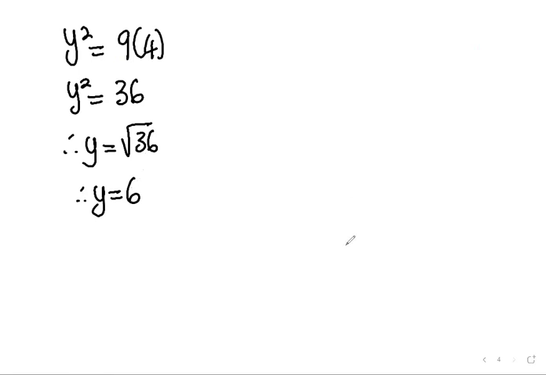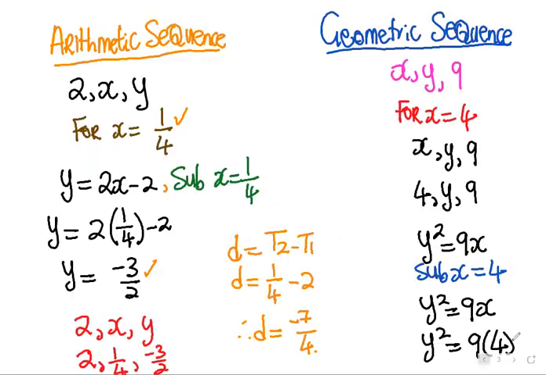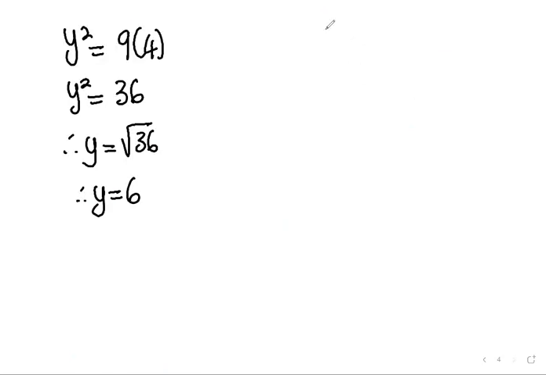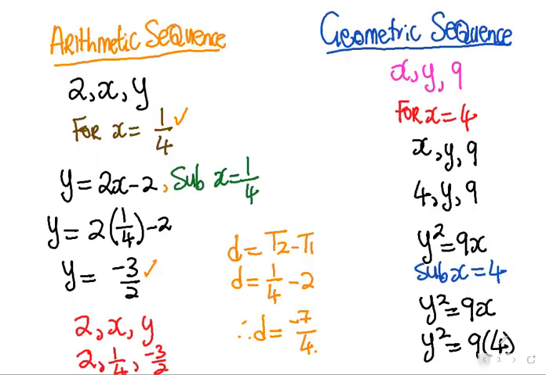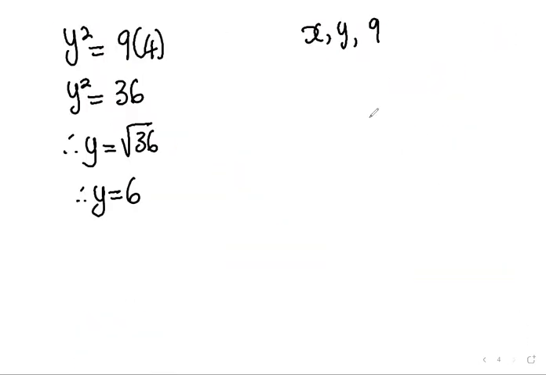Then since our y is 6, remember we're going to take this equation for a geometric x, y, and 9. Let's write it here, x, y, and 9. And remember that now the value of x is 4, so it will be 4, comma, our y is 6, comma, it's 9. Now we are checking to see how we're going to get the same common ratio for the geometric.